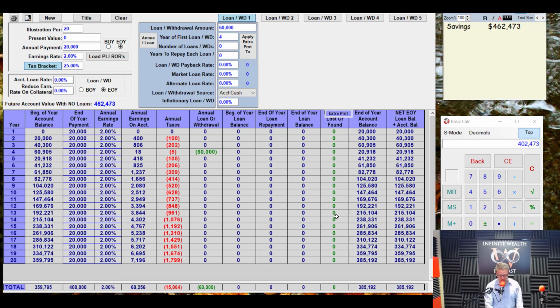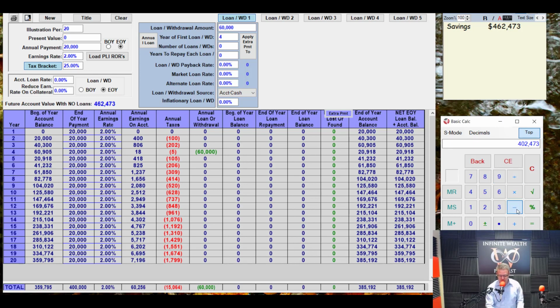The difference is that $60,000, since we withdrew it from our account, we broke the compound interest curve, and so this is what we call the lost opportunity cost. The difference here is what that $60,000 would have earned over this time period.